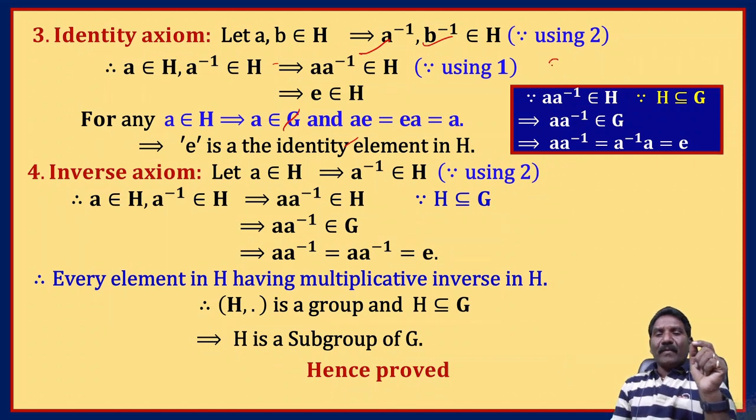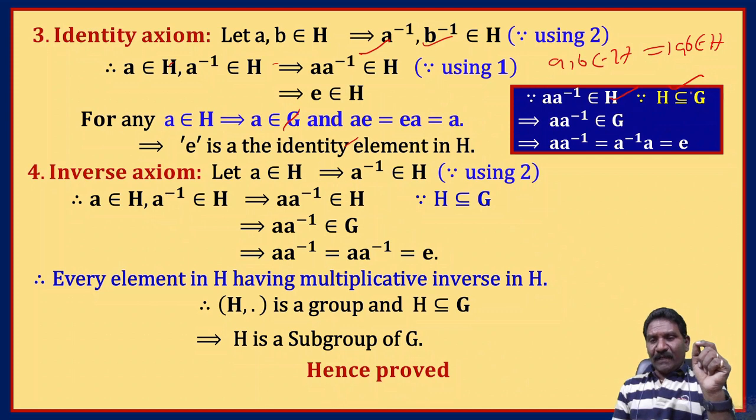Using 1 means A, B belongs to H gives AB belongs to H. So here A belongs to H, A inverse belongs to H. Since A inverse belongs to H and H is a subset of G, all the elements in H are the elements of G. That gives A inverse belongs to G. Since G is a group, by inverse property, A inverse A is equal to E, where E is the identity. So that is A inverse A is E, that is, E belongs to H.